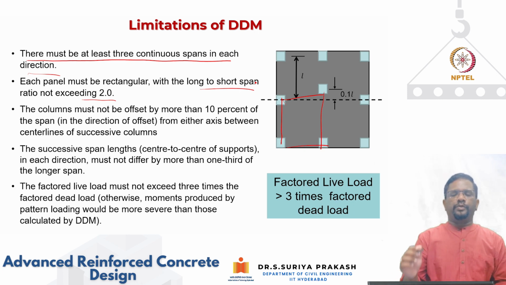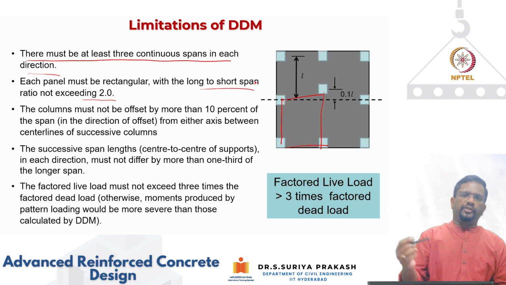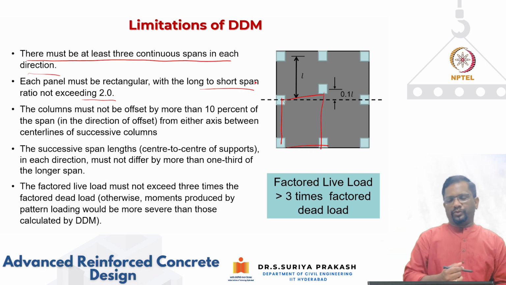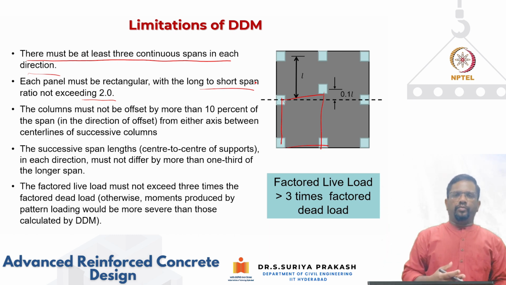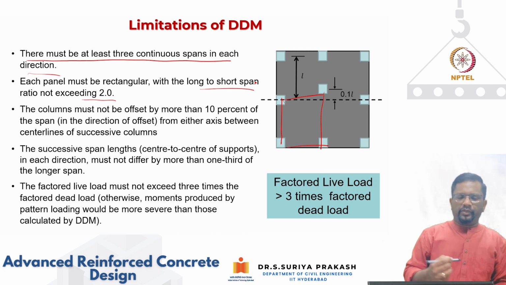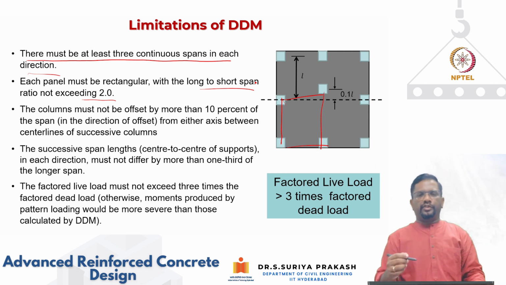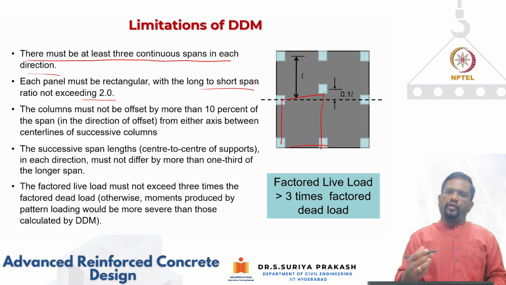But each panel should be more or less rectangular, and long to short span ratio cannot exceed 2. In one direction, you're going to have more bending. Let's say if your rectangular panel has beams on all four sides, and if the longer to shorter dimension of the panel is more than 2, then you know that you're getting into the territory of one-way bending, right? So then the coefficients, whatever that has been suggested for two-way action, will not be valid.